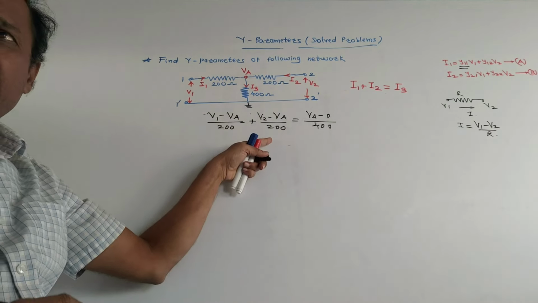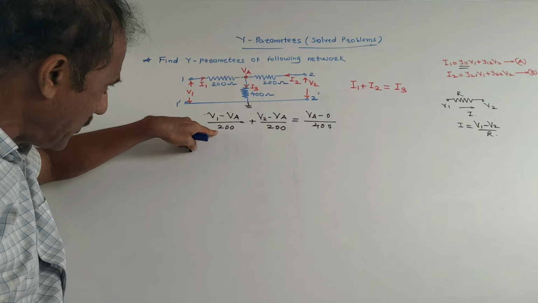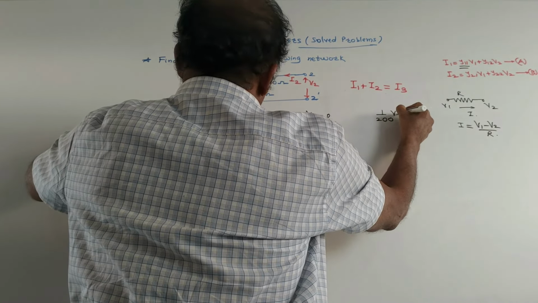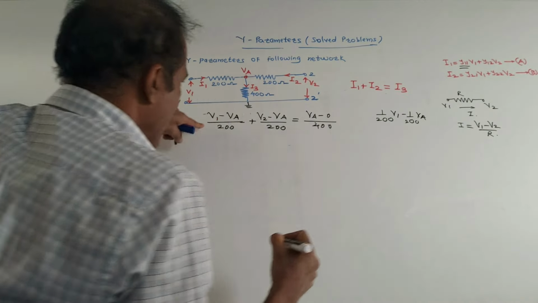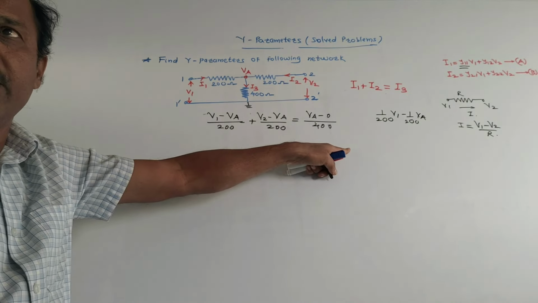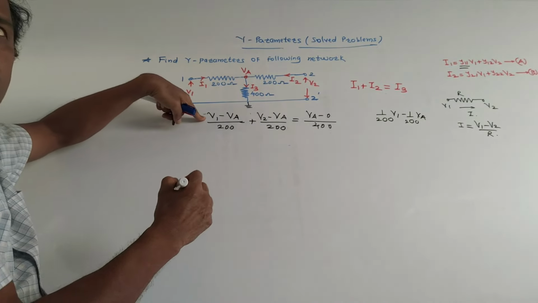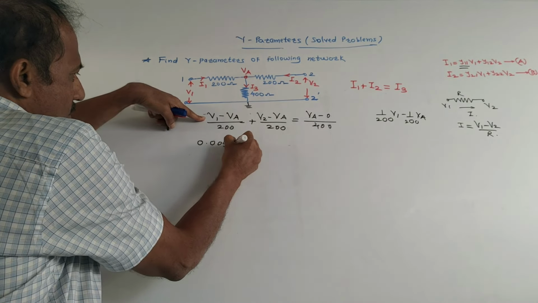To make the thing simple, calculation easy करने के लिए, ऐसा हैबिट लगा लो. V1 by 200 can be written as 1 by 200 into V1 minus 1 by 200 into VA. Likewise, we can write every term. So if you write it like this, 1 by 200 into V1, this value will be 0.005 V1.